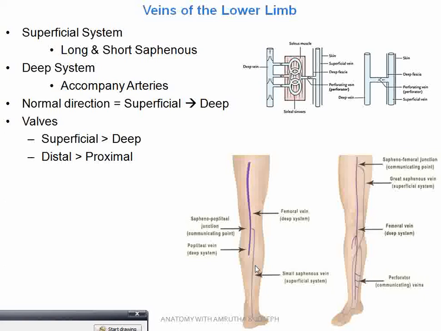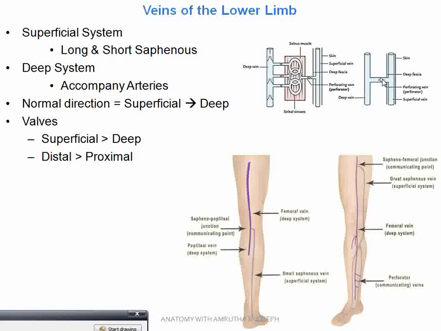So there are superficial veins and deep veins. Always blood will flow from superficial to deep veins, and always blood will flow from inferior to superior aspect. Another diagram where superficial vein and deep vein are seen, and they are connected by perforating veins.